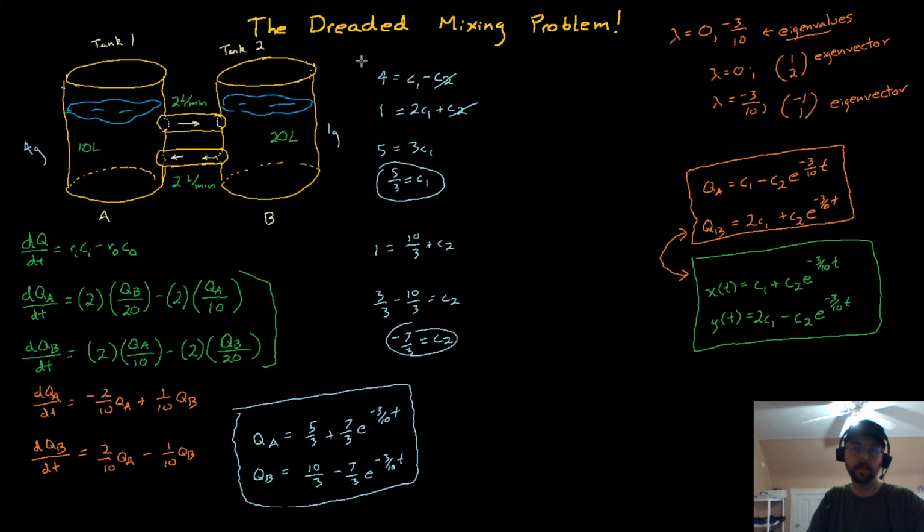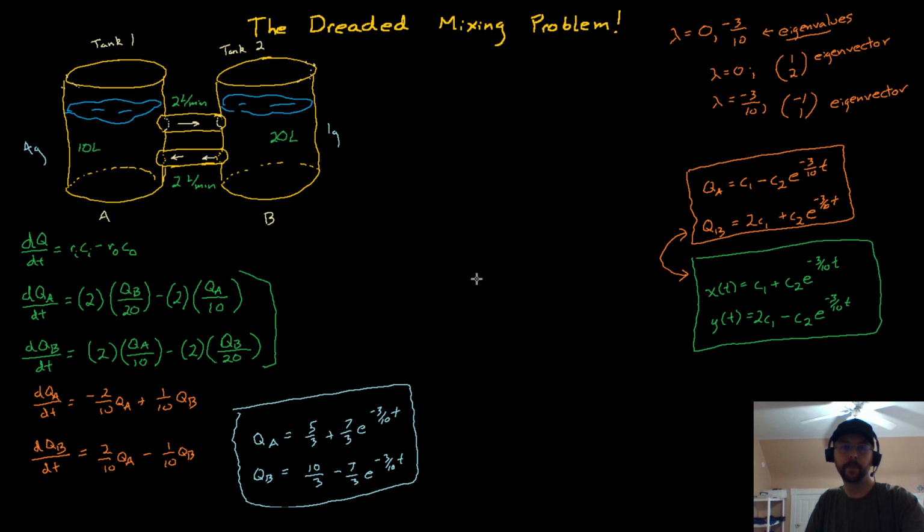Now let's do the same thing, but with the other two equations. So once again, x of 0 equals 4 grams. 4 equals C1 plus C2, because again, we're going to plug in 0 for t, so all of this goes to a 1.